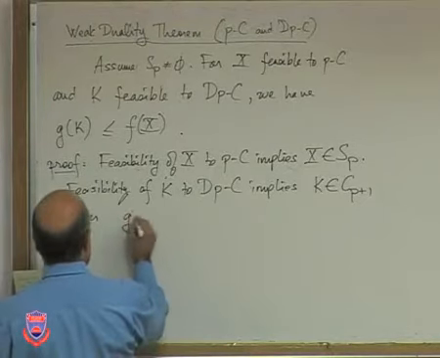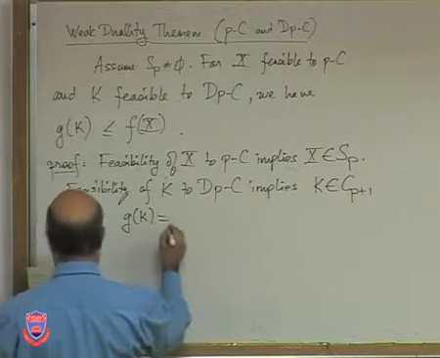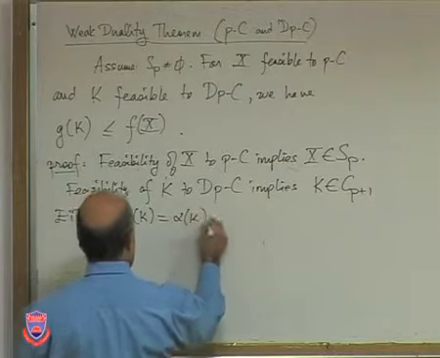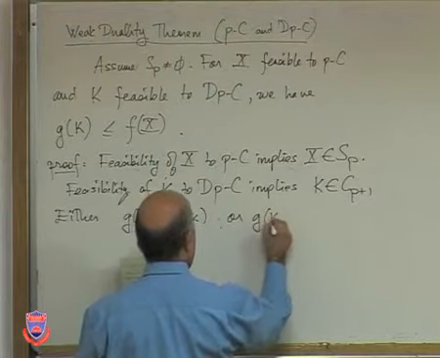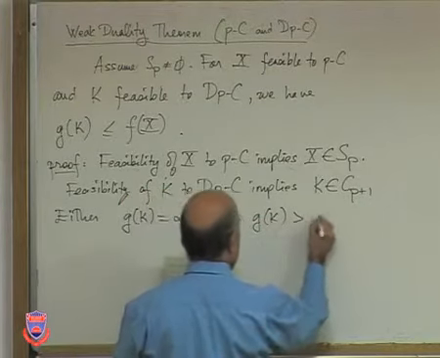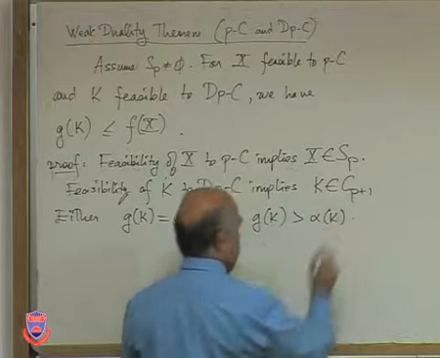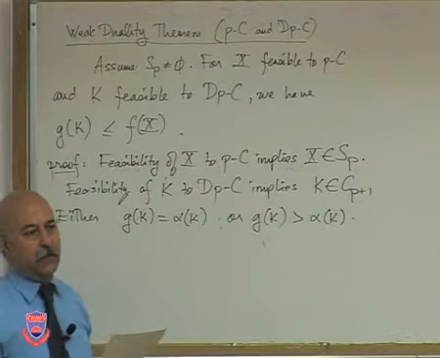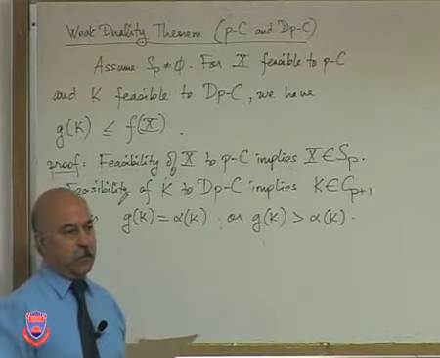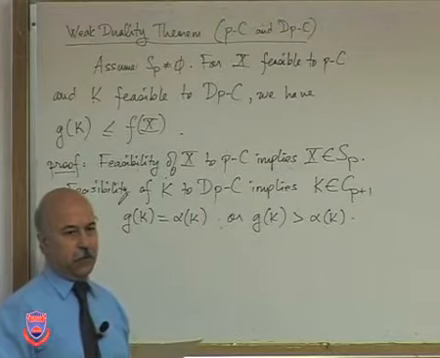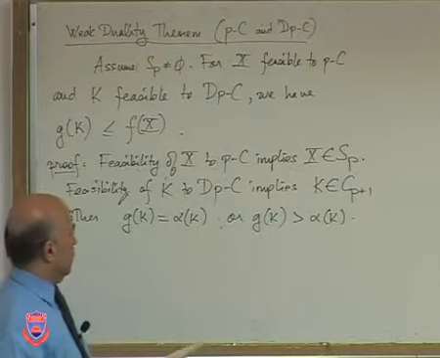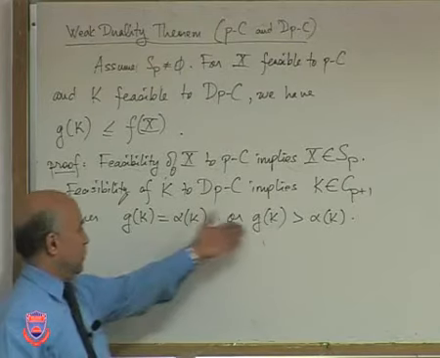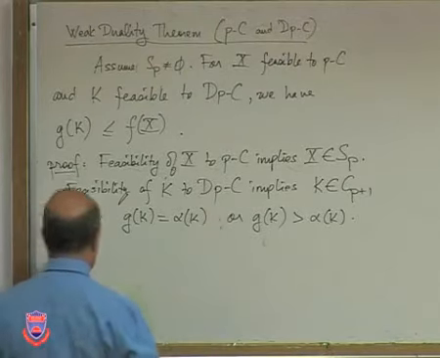Now we have either G of K being equal to alpha K or G of K being greater than alpha K. Why is that? Because G of K is defined to be the maximum of two numbers, alpha K and beta K. So these are the only possibilities for that reason.